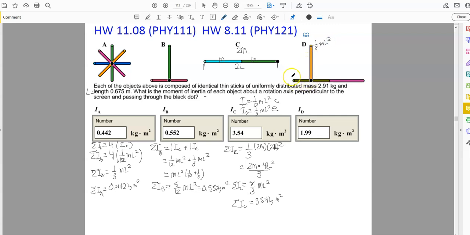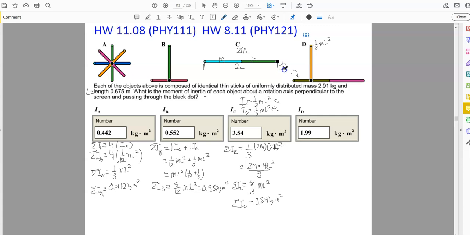But this rod right here looks like it's also a rod spun about its end, because I'm going to say this is just one rod spun about its end, and this is just another part of the rod spun about its end.